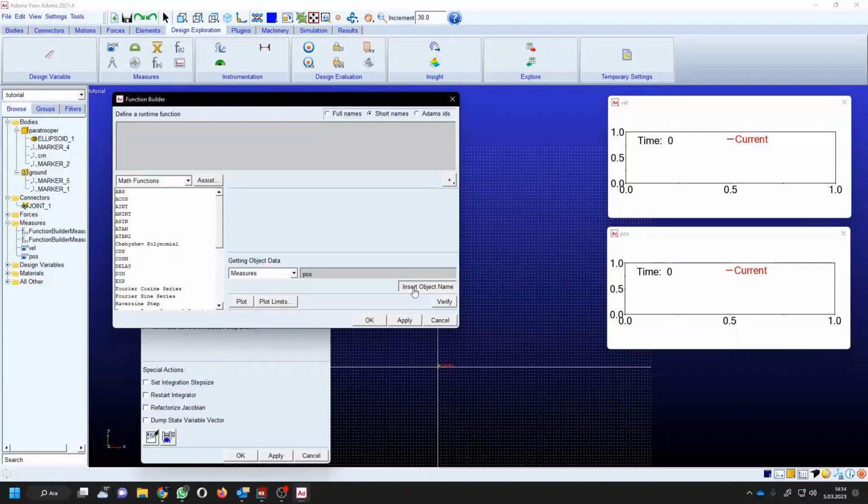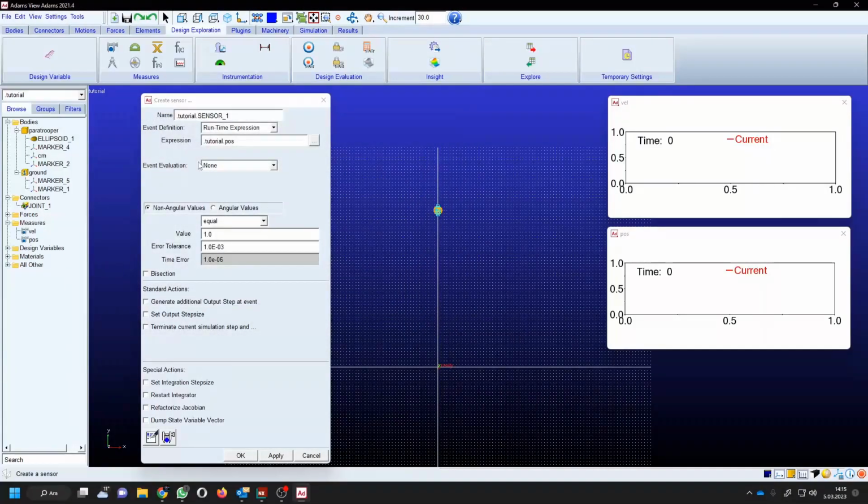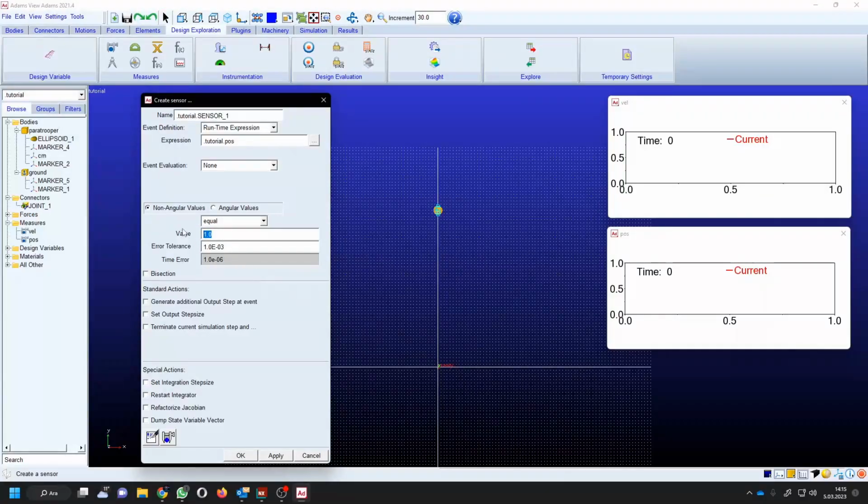I will click on insert object name, and my runtime function is created like this. If the value of this expression equals this value within an error tolerance, which in this case is 1 millimeter, I will terminate my current simulation step and stop the simulation. Okay.